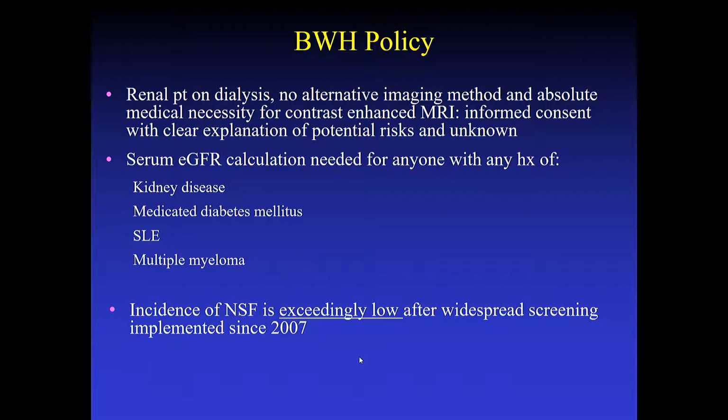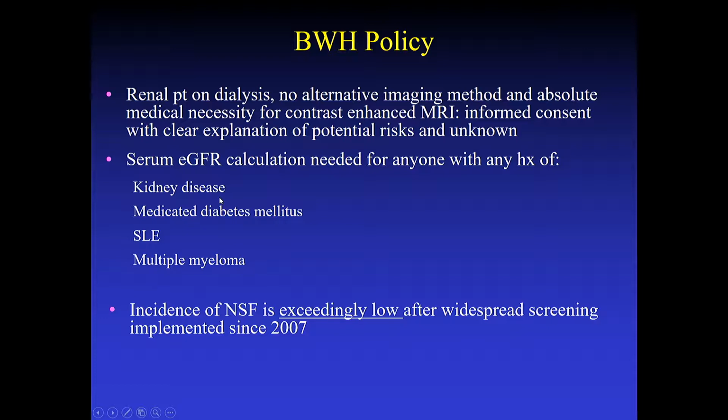Now, since 2006 and 2007, most hospitals in the US, if not internationally, have been performing screening using eGFR for any patients with these conditions. The list may expand to other groups, such as patients who are taking non-steroidal anti-inflammatory drugs, and hypertensive patients, with a routine eGFR screen within 30 days before any MRI that requires gadolinium.